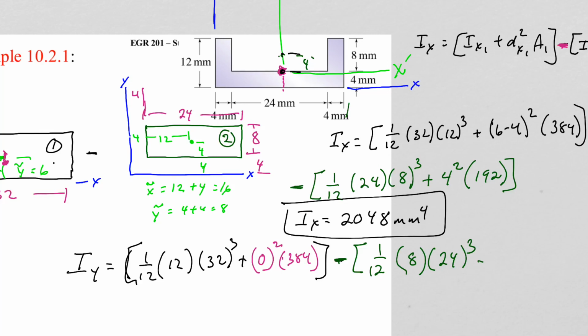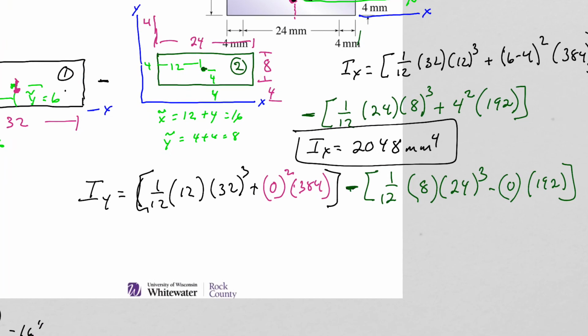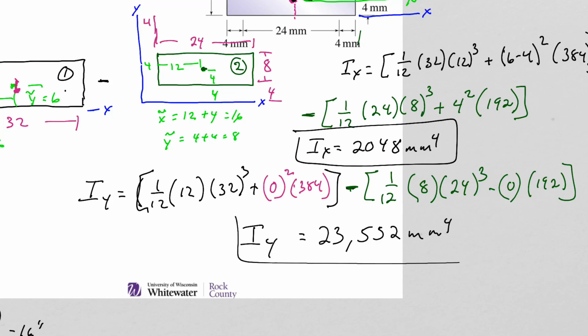And again, we're going to find that the parallel axis term is 0, because the centroid of this shape is in line with that axis, so it doesn't matter what the area is. If we calculate this, our Iy is going to equal 23,552 millimeters to the 4th. You can see from this it is significantly larger than Ix, and that is what I would suspect.